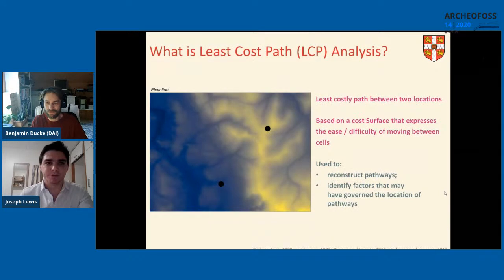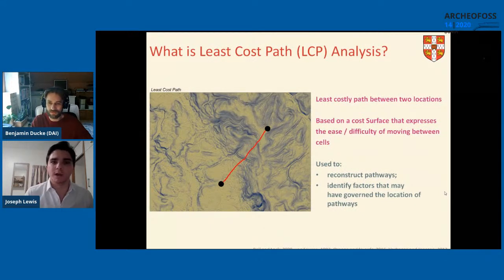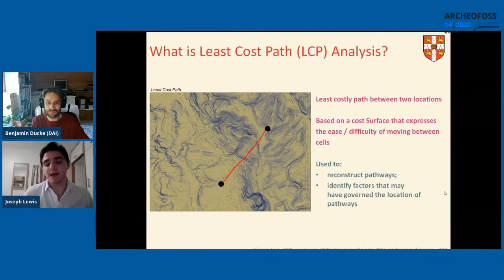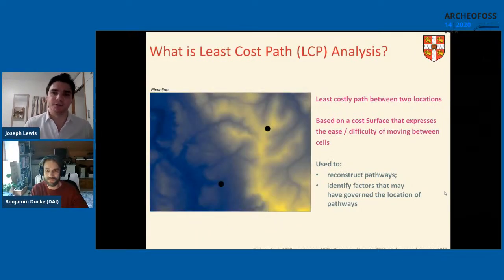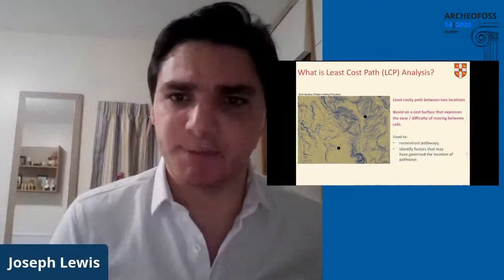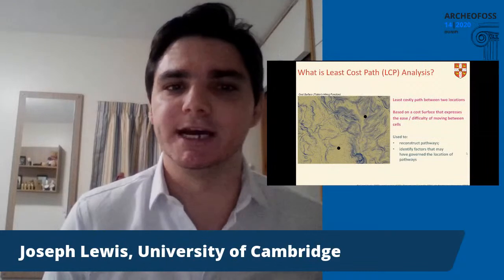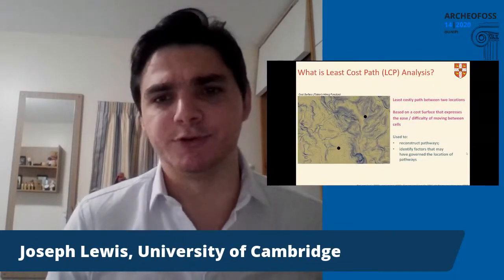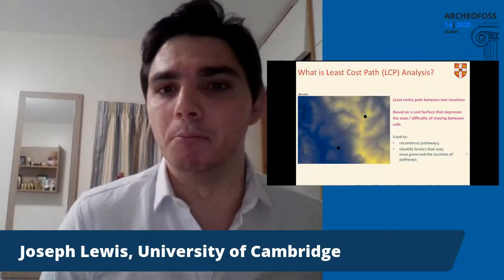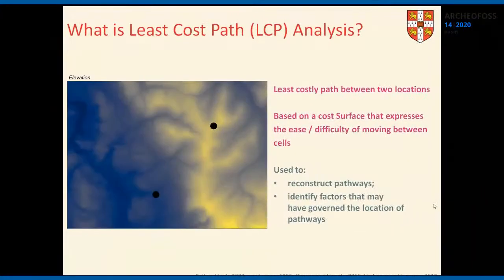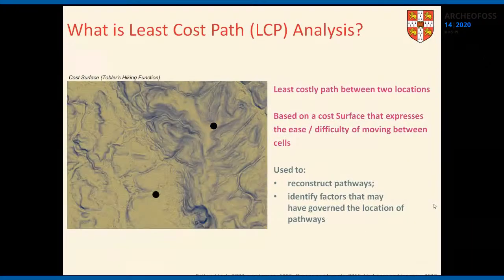So I thought it'd be good first just to introduce what least cost path analysis is to make sure everyone has the same understanding. It's for finding the least costly path between two locations, and it's based on a cost surface that expresses the ease or difficulty of moving between cells within the raster. In archaeology, this is predominantly slope, but you can include other cost surfaces such as water and other barriers to movement.